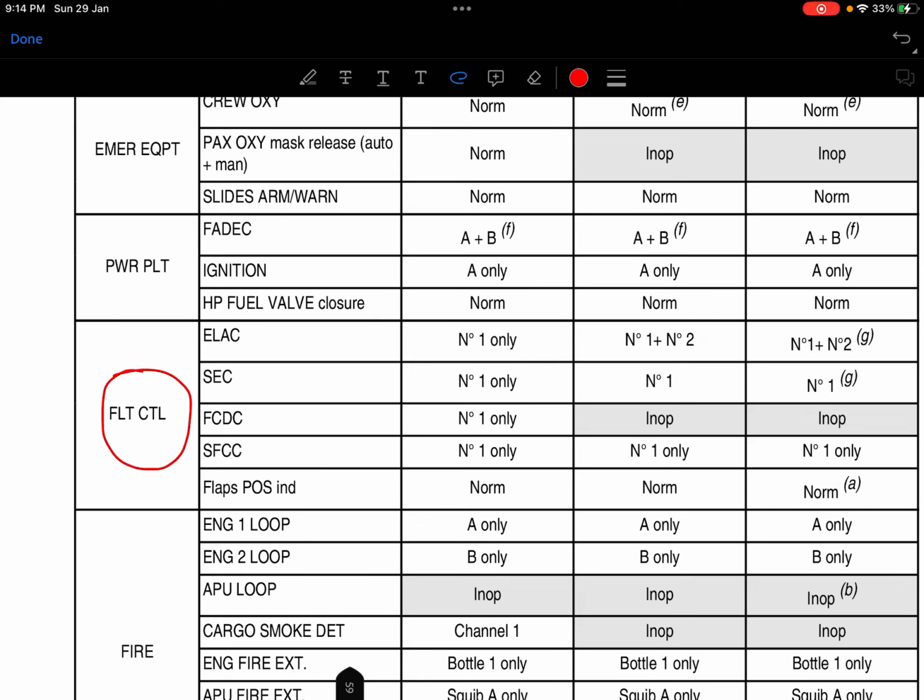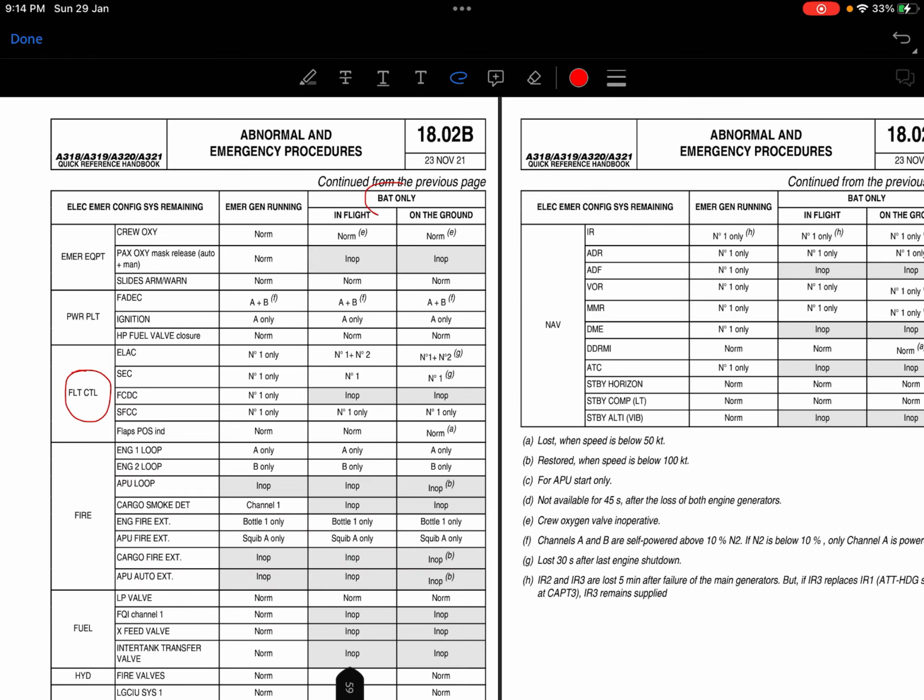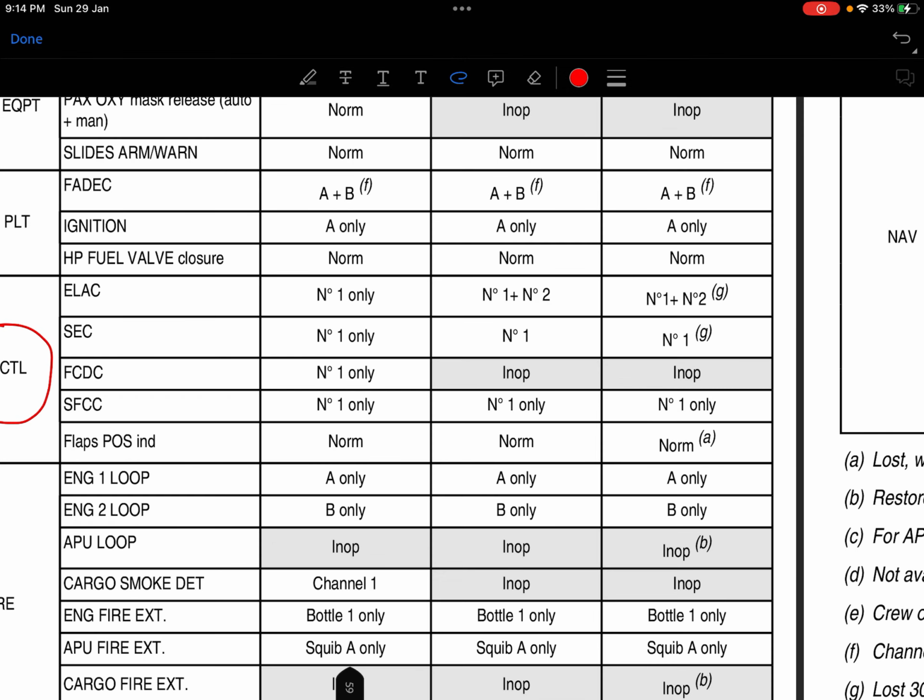So we have ELAC 1 if batteries are the only source, batteries only in flight, right? So we have ELAC and SEC. SFCC is not the main flight computer. Our main flight computers are 7, which are 3 SECs, 2 ELACs, and 2 FACs.